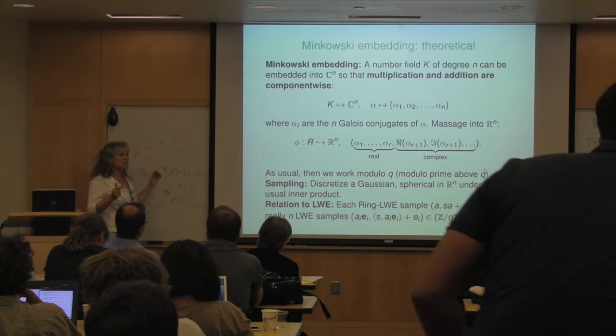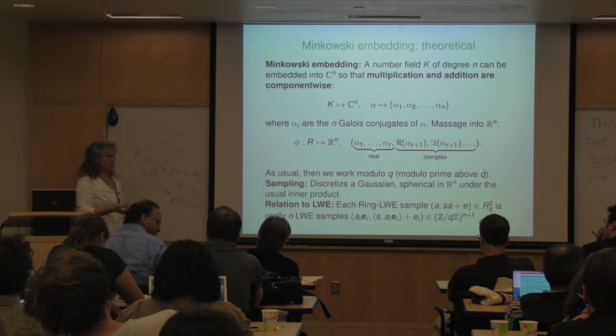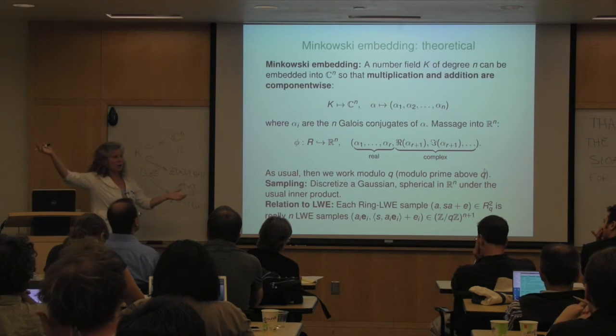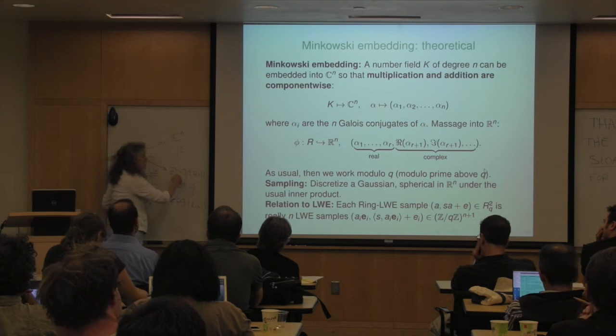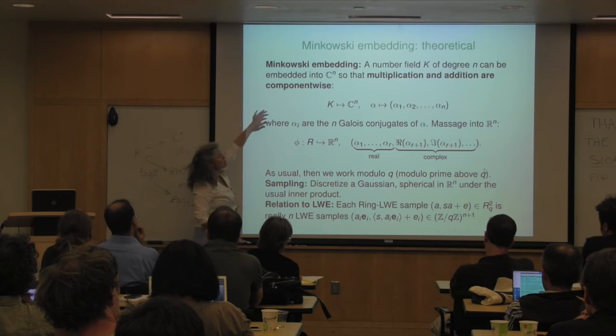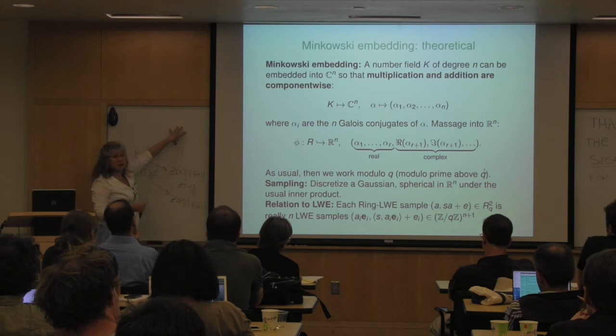For crypto, you need this error to be small. By crypto, I mean for homomorphic encryption, for example. You won't be able to correctly decrypt if you start adding error that's really large. So for crypto applications, you need this error to be small. And for theory, when you talk about the hardness of this RLWE problem with this embedding, you need this error to also be small.